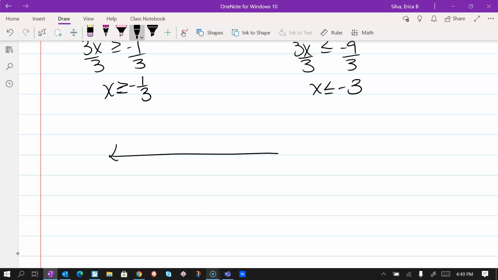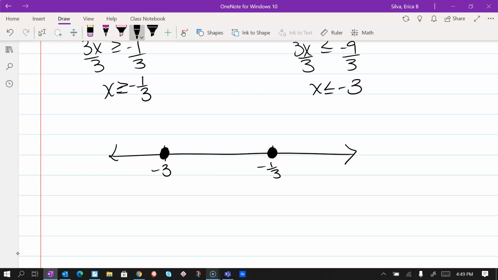So let's go ahead and graph it on our number line. -3 is on the left, -1/3 is on the right because -1/3 is bigger than -3. So we'll put our circles. Because they're both equal, we're including these points in our solution set.